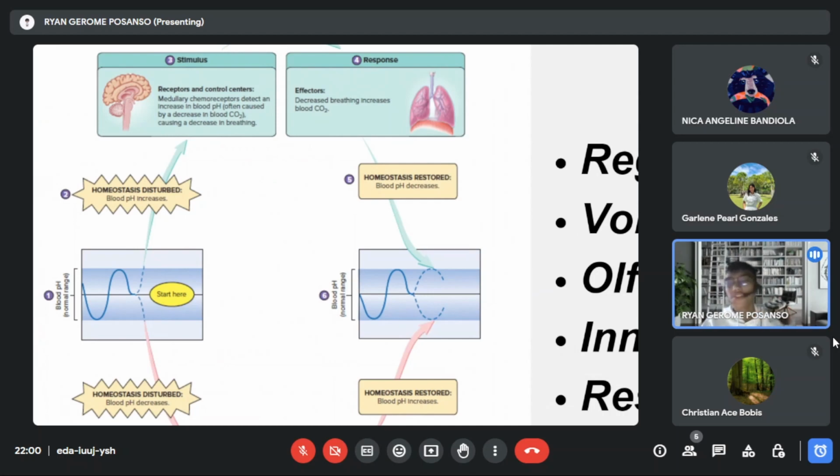During metabolic processes, cells produce CO2 as a waste product. This CO2 diffuses into the blood and is transported into the lungs, as we see here.